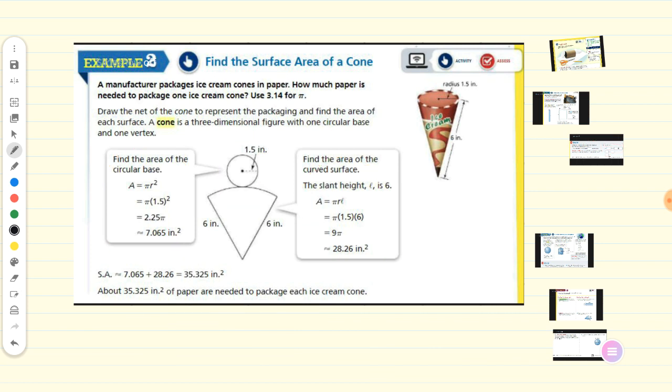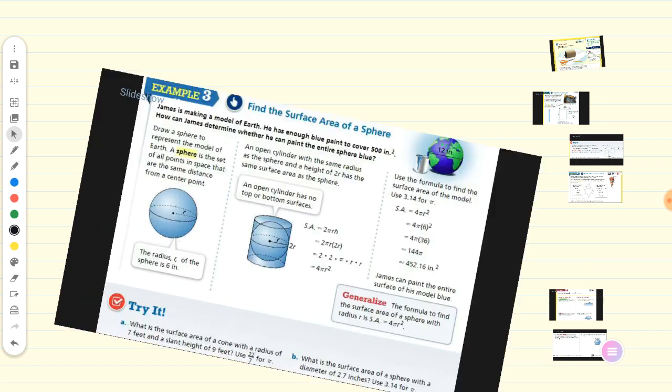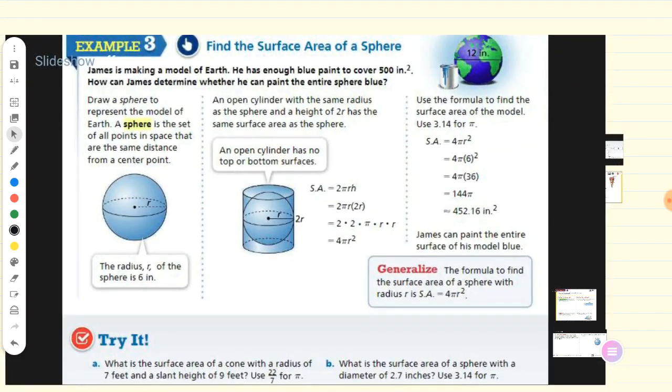Another question. It's about the sphere. To find the sphere's area, you have to put it inside the cylinder, calculate the surface area of the cylinder, then you get the area. But as I told you before, I have my shortcut way, which is 4πr to the power 2.